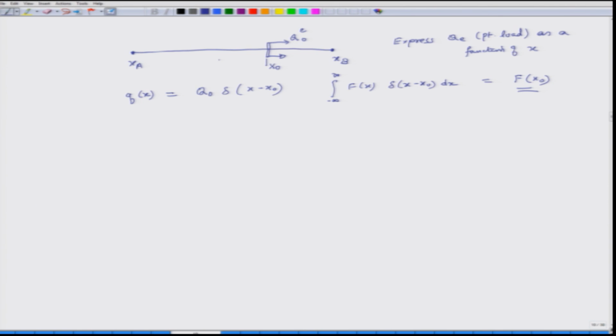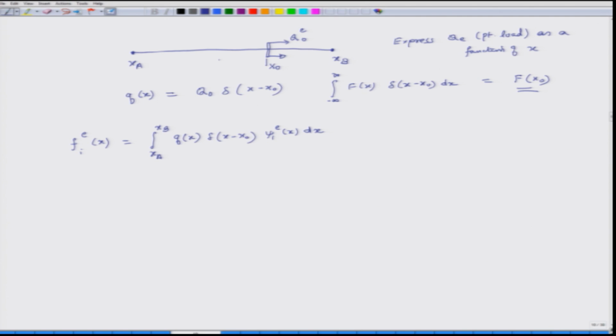So what does this do? So what I do is that I say that f i for the eth element is the integral from xa to xb of q of x times the Dirac delta function x minus x naught, and then I have to multiply it by the weight function psi i e dx, right.